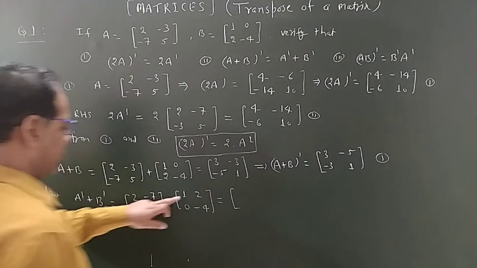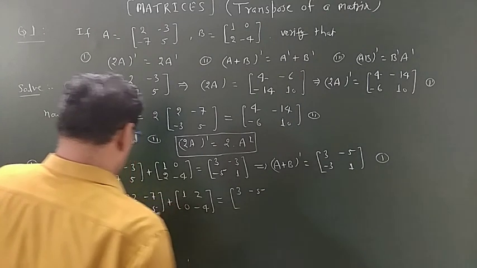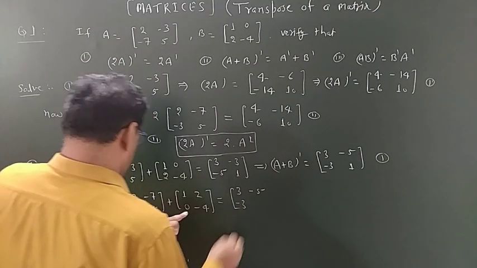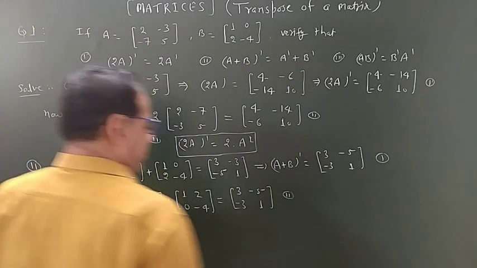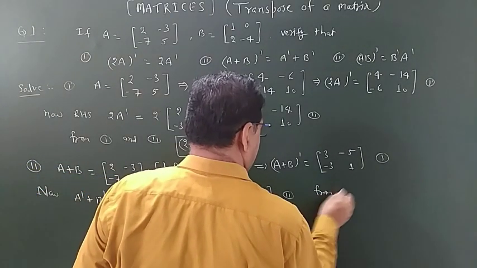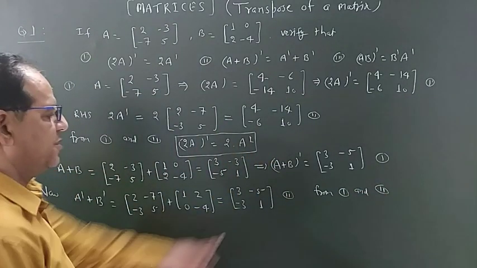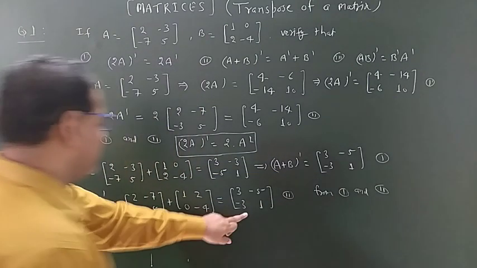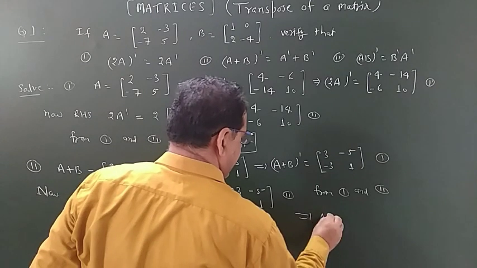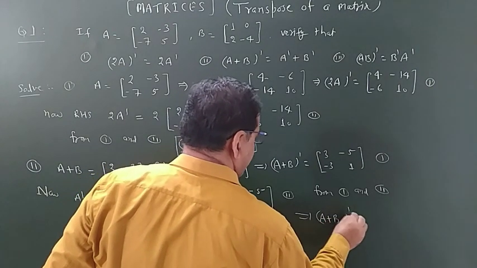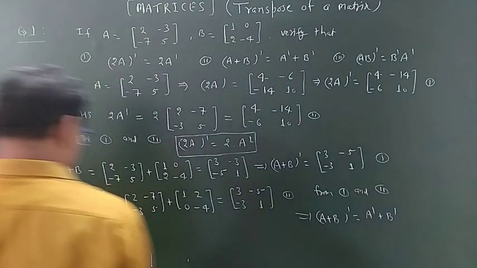Addition: 2 plus 1, 3, -7 plus 2, -5, -3 plus 0, -3, and 5 minus 4, 1. From equations first and second, this is the value of (A plus B) dash and this is the value of A dash plus B dash. We have (A plus B) transpose equals A transpose plus B transpose.